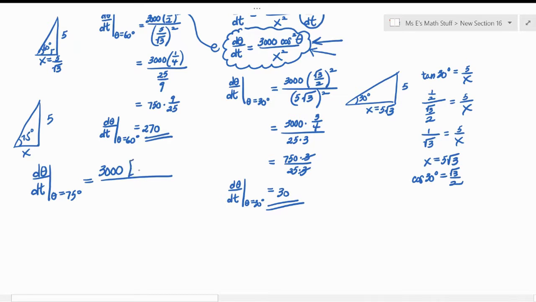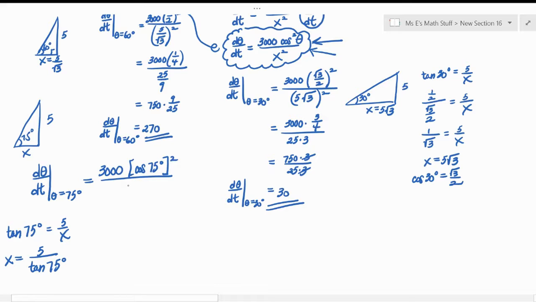I would just do cosine of 75 degrees, making sure you're in degrees mode, and square the result. For the x value, I would do tangent of 75 degrees equals 5 over x. Solve for x by multiplying by x and dividing by tangent of 75, and then get a calculator decimal for that.